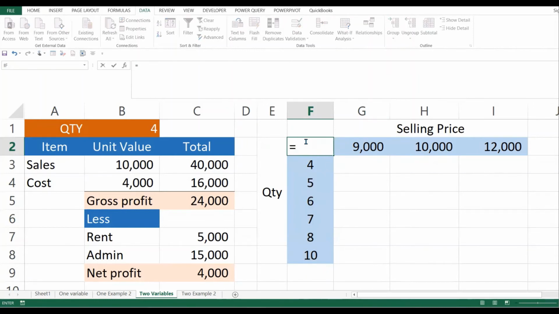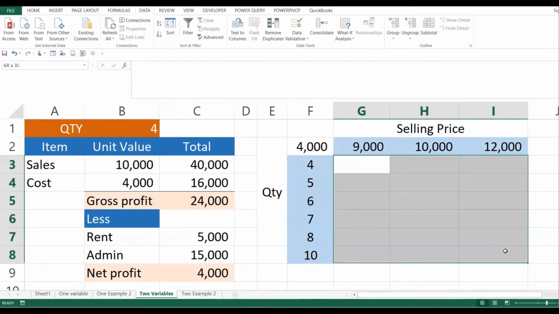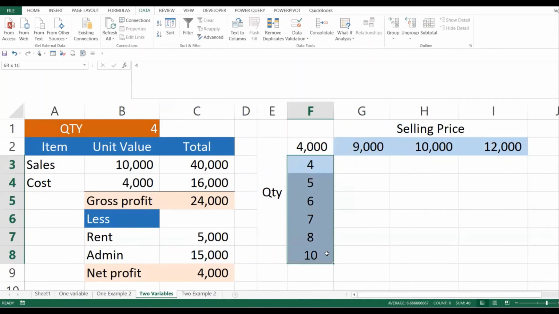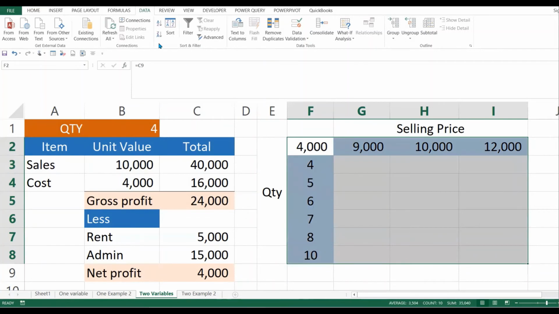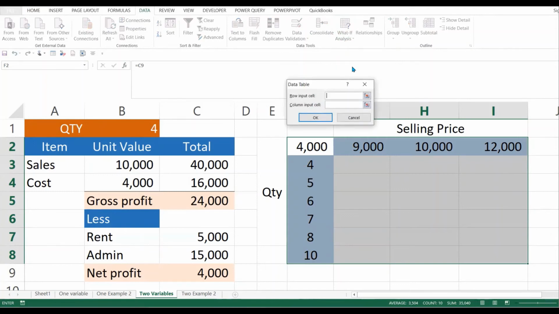So I'll say equals, then go to my variable here and reference my net profit. When I do that, Excel is going to put net profits for the varying quantities and unit price in this area here. After I've done that, the next step is easy. I'll just highlight this, go to data, what-if analysis, data table.